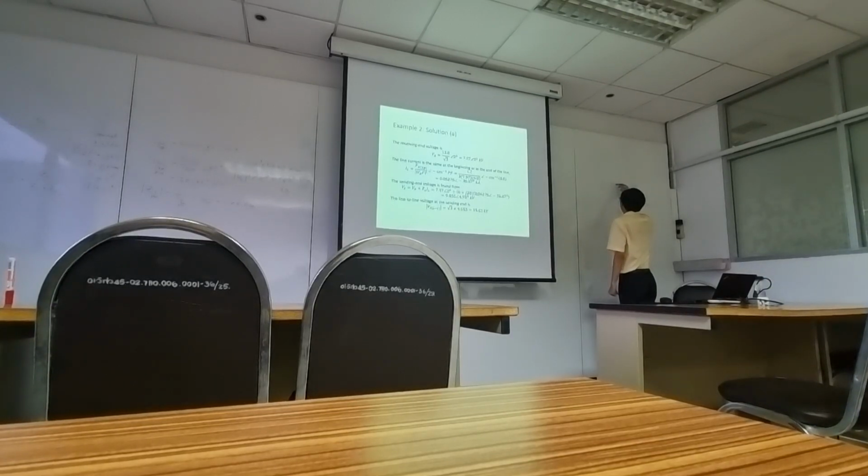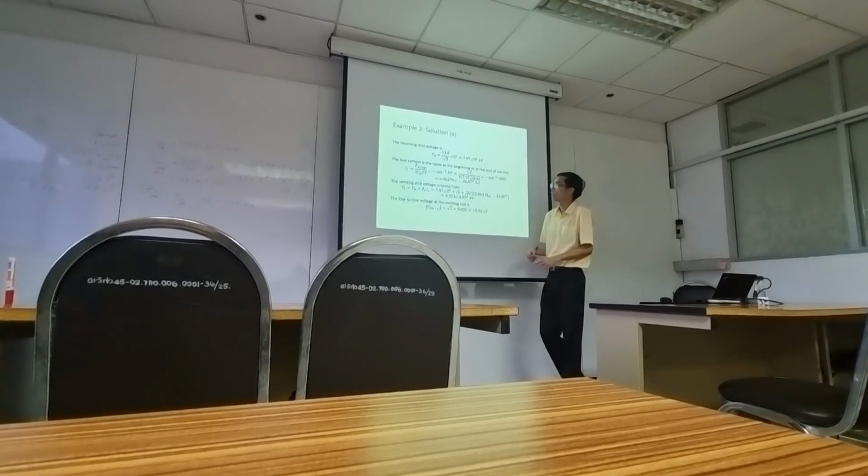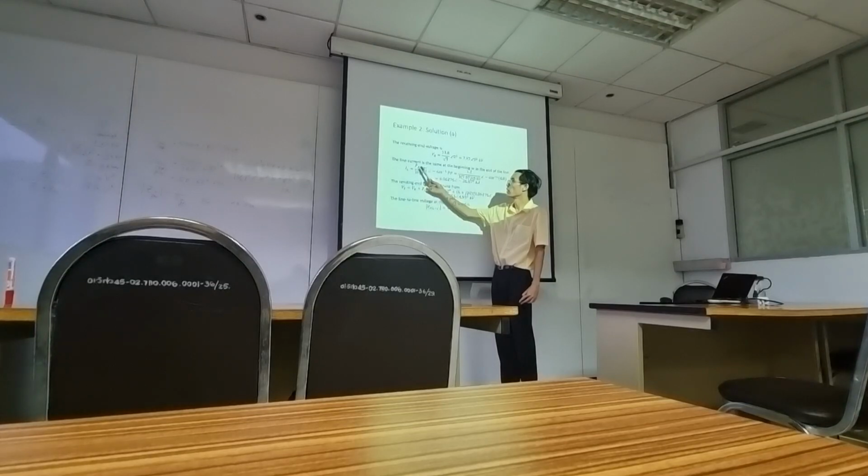Then we try to calculate the load current IL. The load current is the three-phase PR divided by 3 VR and the power factor, right? Power P divided by the power factor gives you the apparent power, and then divided by VR.